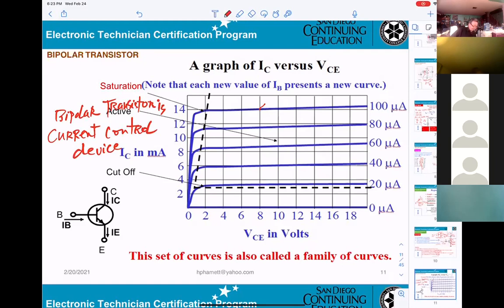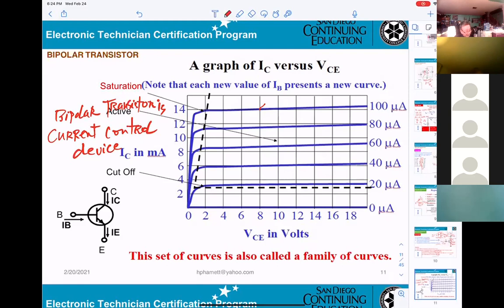Who knows? In the horizontal region with different VCE, we have only one IC; IC is almost not changing too much, but VCE is changing a lot. No, that's not what makes it a current controller. The base is, right? No, come on. How come we say this is a current controlled device? Okay, I can tell you.